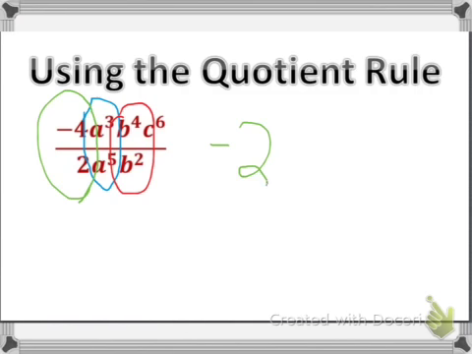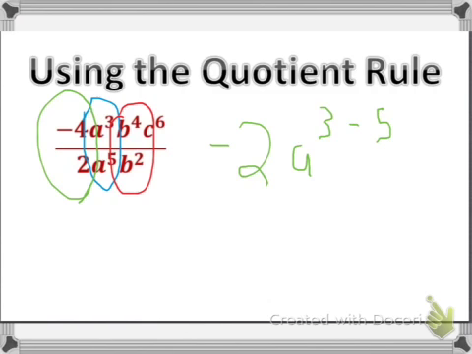And then a to the third and a to the fifth, well, if I rewrite that, that would be saying a to the 3 minus 5 power. That's what I can do, the shortcut there. And then we have b to the fourth over b to the second power.